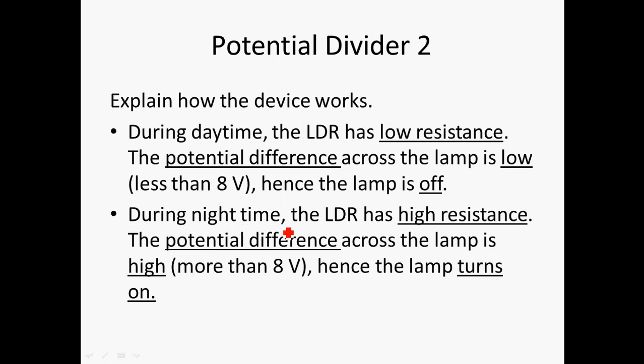During the nighttime, the LDR has high resistance, and the potential difference across the lamp is high, and hence the lamp turns on. So you realize how these two are different from each other. Low resistance, low potential difference, off. High resistance, high potential difference, on. That's just the straightforward way of explaining.